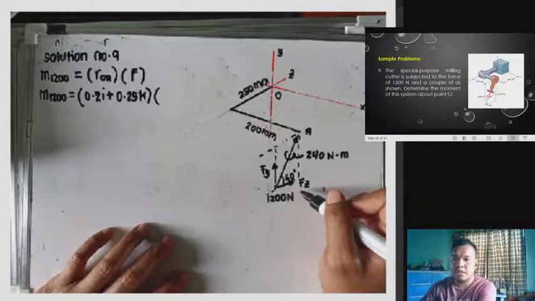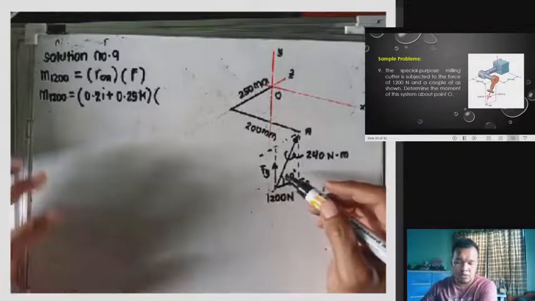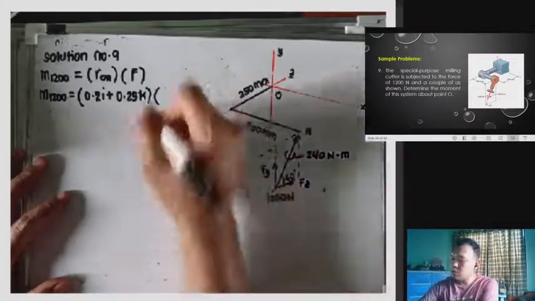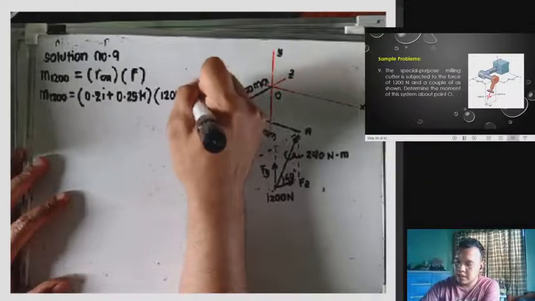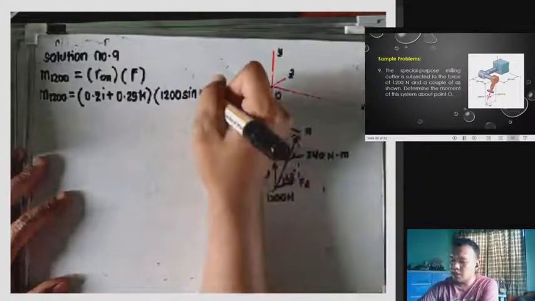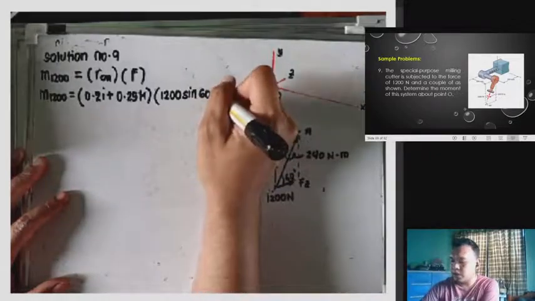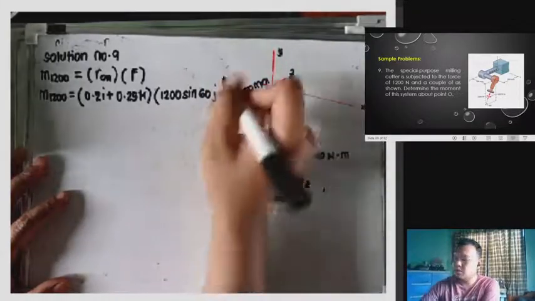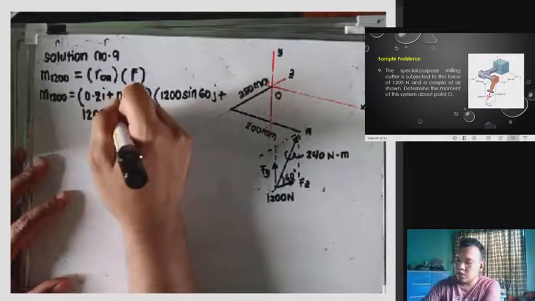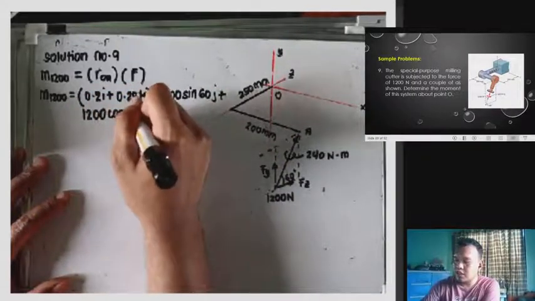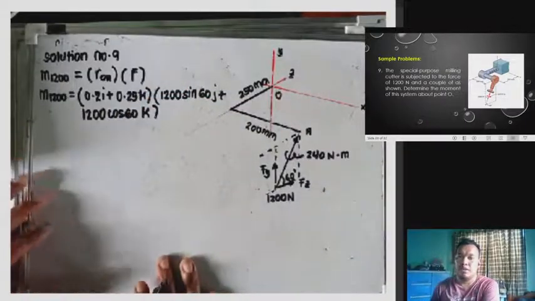So pag fz, k po siya. Fy, ibig sabihin j po tayo. So we have here 1,200 sine, kung sine po tayo 60, ibig sabihin fy po yung kinuha natin, therefore yan po ay j plus 1,200 cosine 60 then k. Okay?